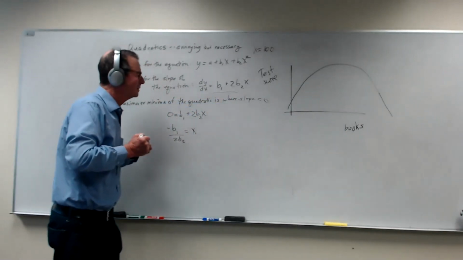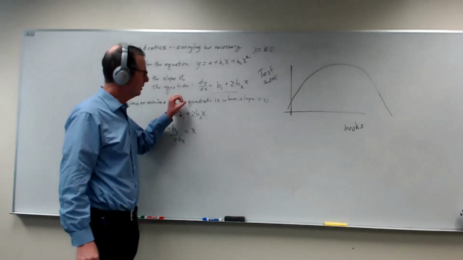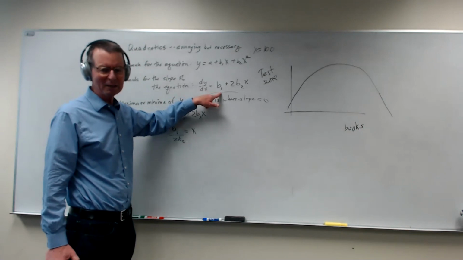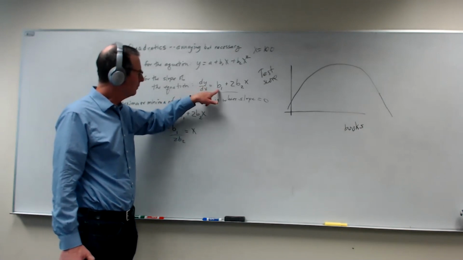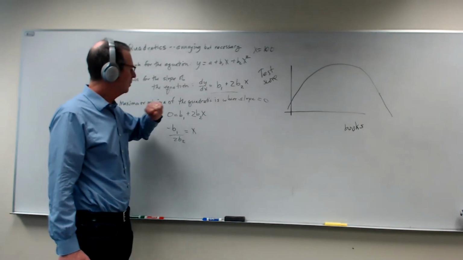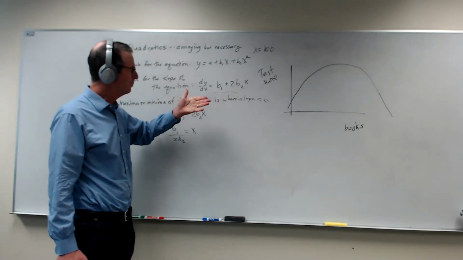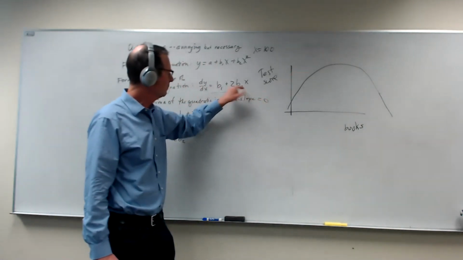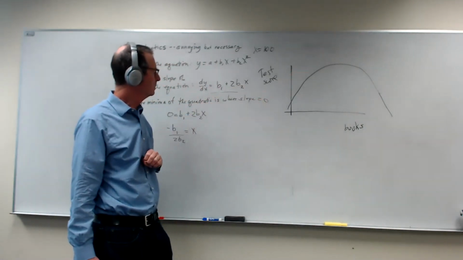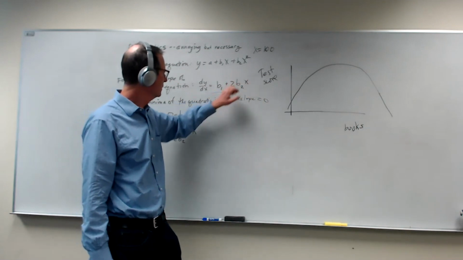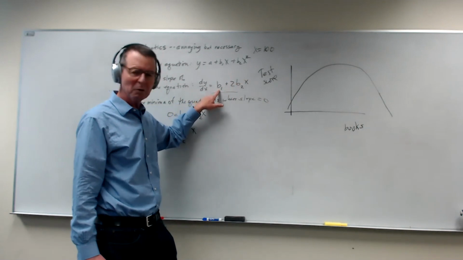All right, one of the points on the assignment this week fed directly from that fact. The slope is b1 plus 2b2x. One of the questions was, what is the slope of the quadratic at x equals 0? Well, with x equals 0, that term drops out, so the slope at x equals 0 is just b1.